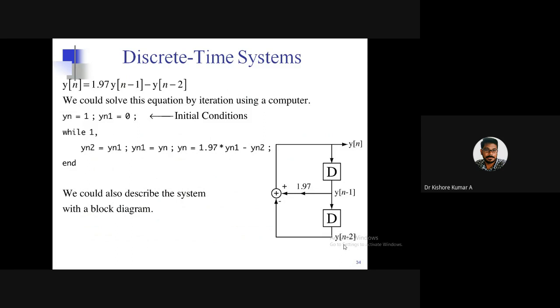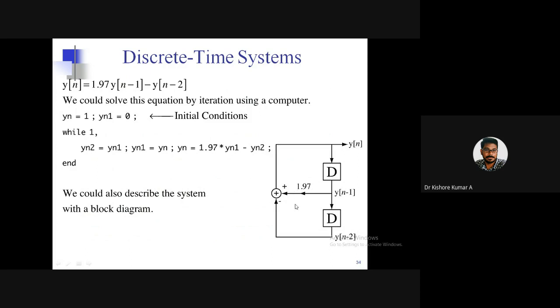Here this y of n minus 1 is multiplied with 1.97, so you make the multiplier 1.97 in the output of the first delay element. At this point you will be getting 1.97 y of n minus 1. Here is the output of the second delay element, y of n minus 2.